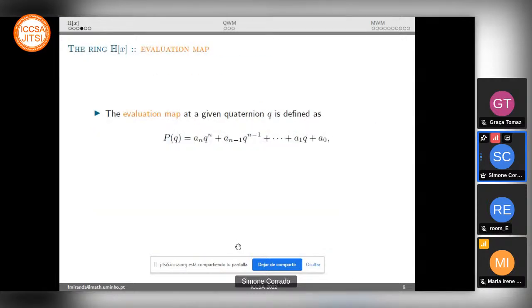The evaluation map, if you want to know the value of p at the quaternion q, is this way.